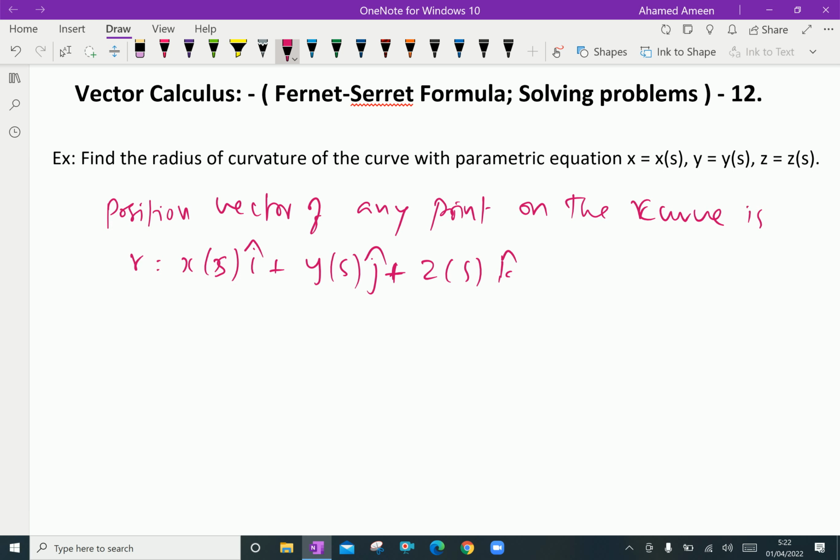Now, you can say vector t equal dr by ds. That is, r is already given, the position vector.